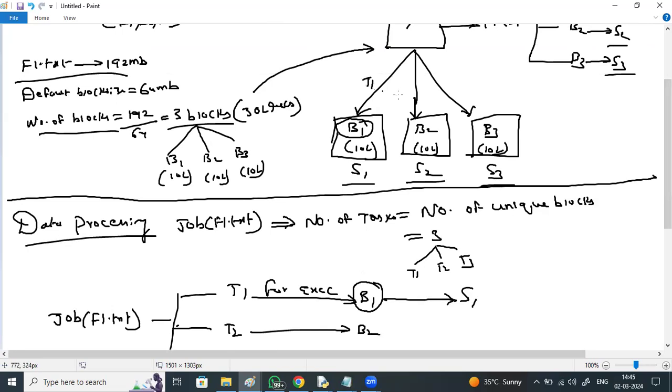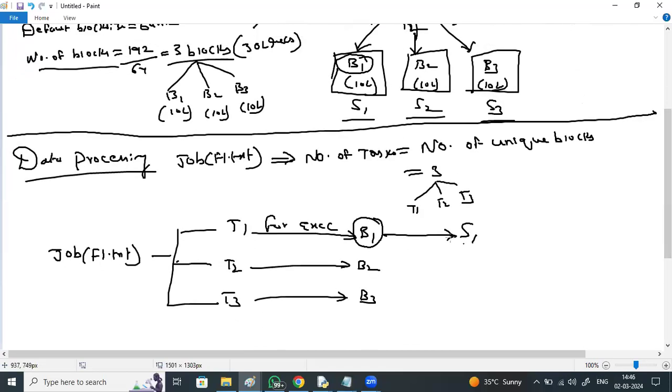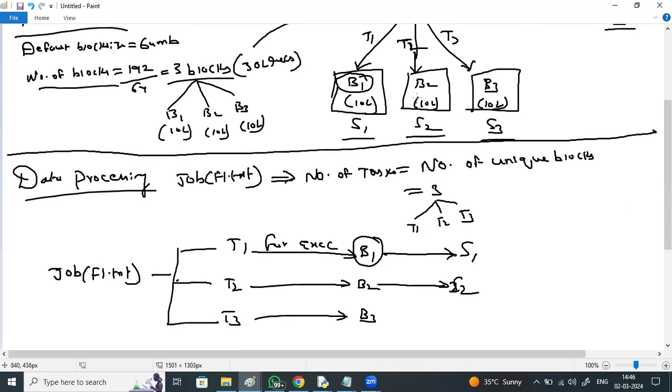So T1 task should be assigned to S1 only. T2 task should be assigned to S2 only. Why to S2 only? Because only S2 has got this block B2. Executing block B2 is nothing but T2 task. B2 is present in system 2, so system 2 only can execute.